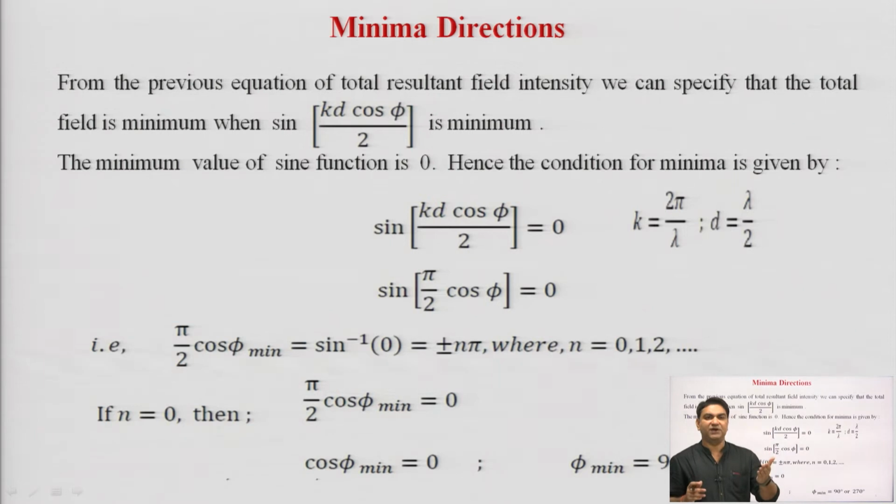Simply in the same way we can calculate the minima directions, like sin(kd cos phi / 2) is minimum, and it is minimum at one particular condition when it is 0.